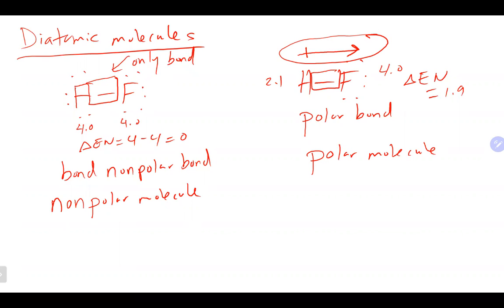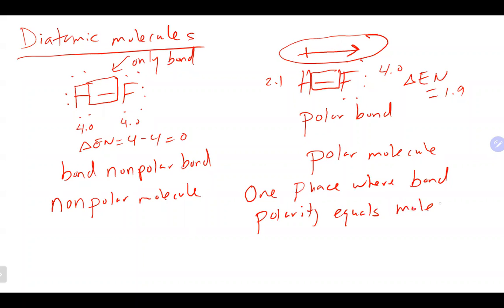So the one place where bond polarity equals molecular polarity is with diatomic molecules. It's really the only place where, if you're able to determine that the bond is polar or non-polar, it's the same answer for whether the molecule is polar or non-polar.